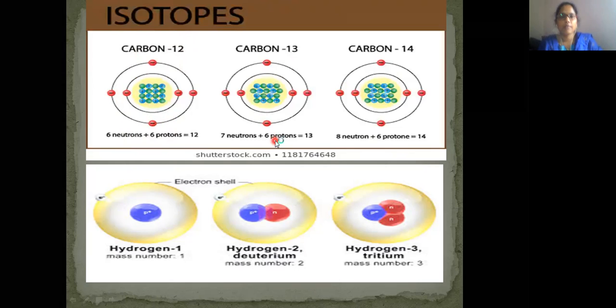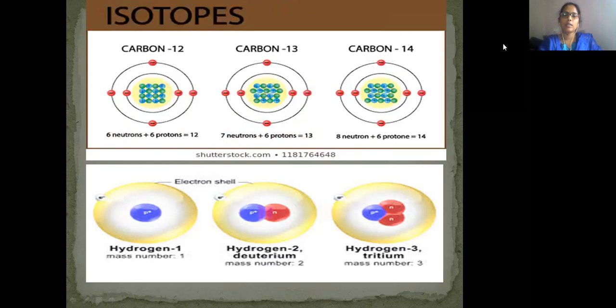Here we have 6 protons because all the isotopes will have an equal number of protons. The actual element carbon contains 6 protons, so C13 also contains 6 protons. Now it contains 7 neutrons, so there is a difference in the number of neutrons between C12 and C13. Here it contains 7 neutrons, so the atomic weight is 13.